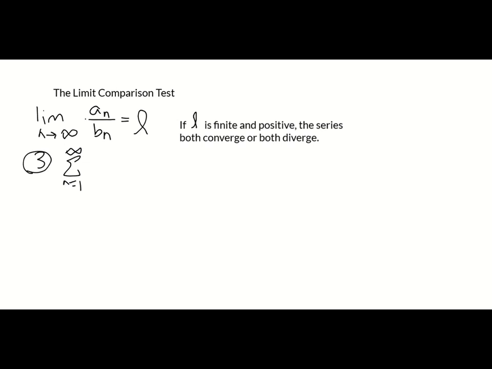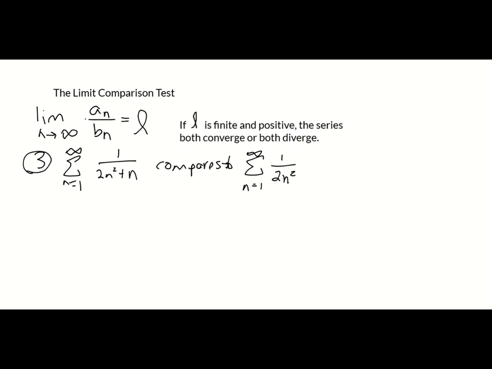The series from n equals 1 to infinity of 1 over 2n squared plus n compares to the series from n equals 1 to infinity of 1 over 2n squared.